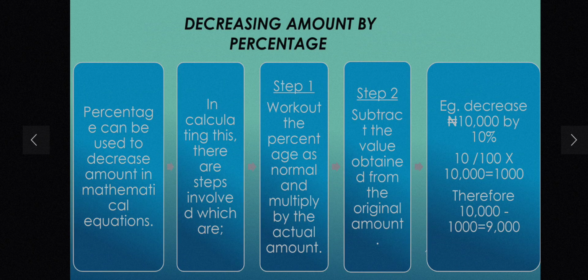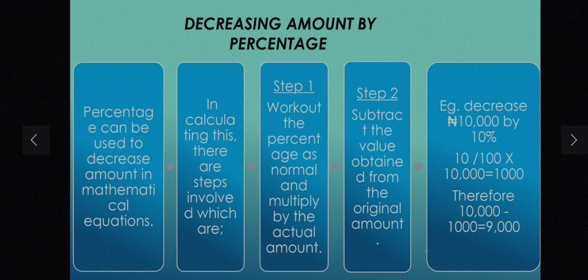Then our next one is decreasing an amount by a percentage. Percentage can be used to decrease an amount in mathematical equations. In calculating this, there are steps involved. We are going to be using the steps to solve the example. Step 1, work the percentage out as normal.